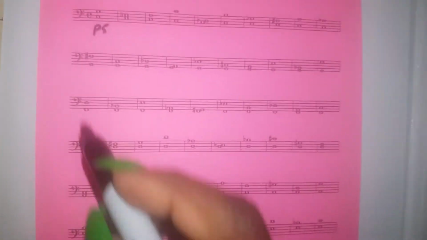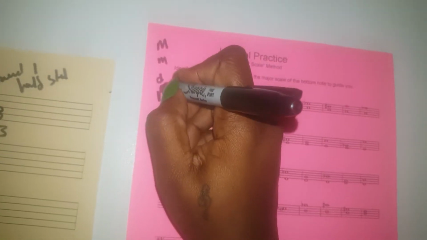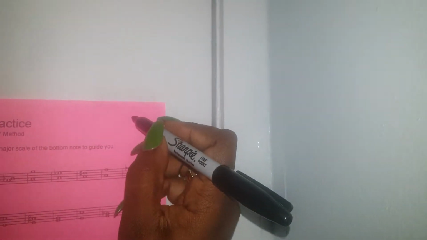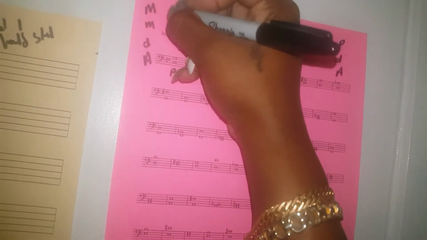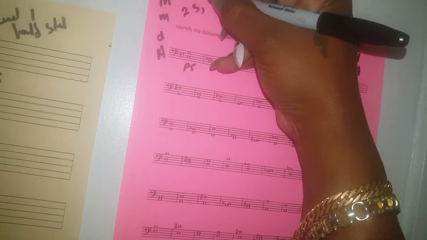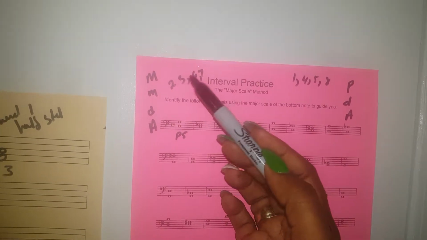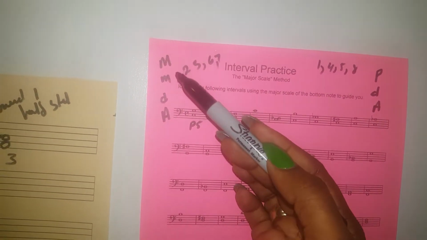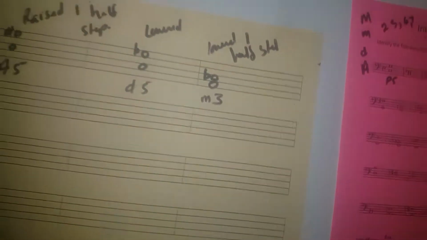For majors, remember you could have major, minor, diminished, and augmented. For perfects, you can only have perfect, diminished, augmented, right? Your majors would be 2, 3, 6, 7. Your perfects would be 1, 4, 5, and 8, right? So if we have a third, we now know that we're on this side. And if it was a major lowered 1/2 step, it becomes a minor. So this is a minor third.